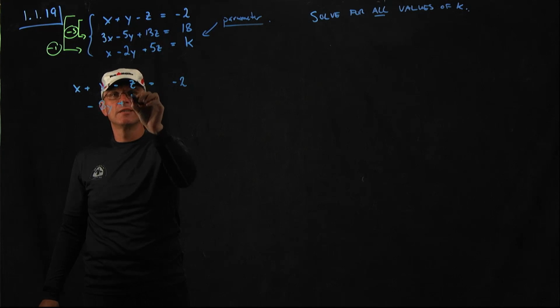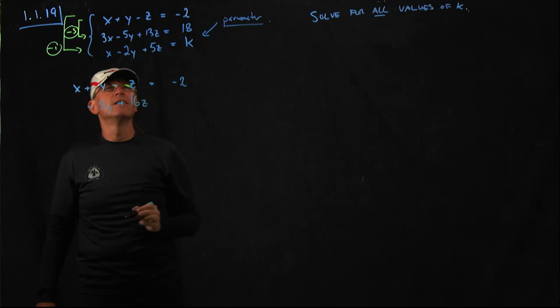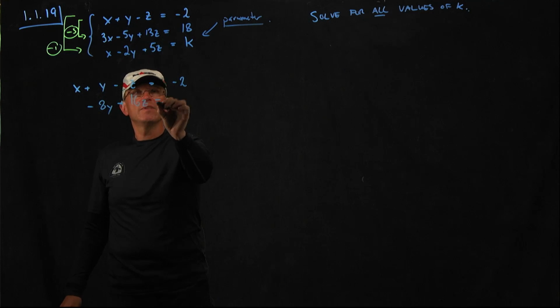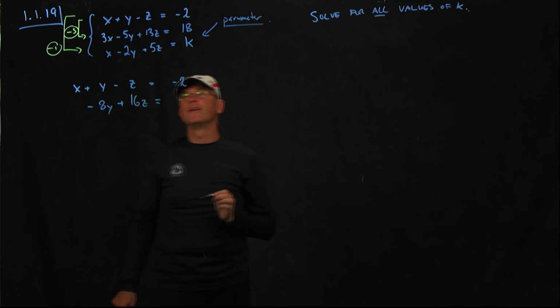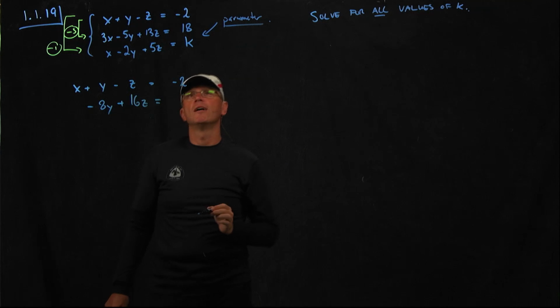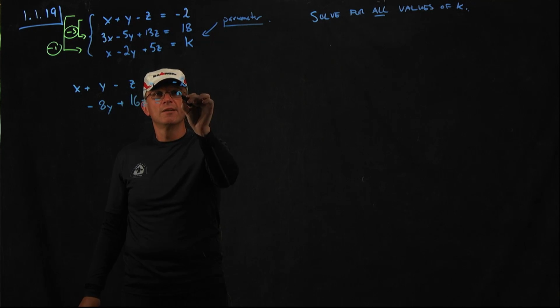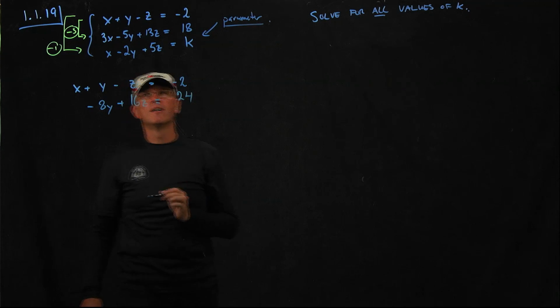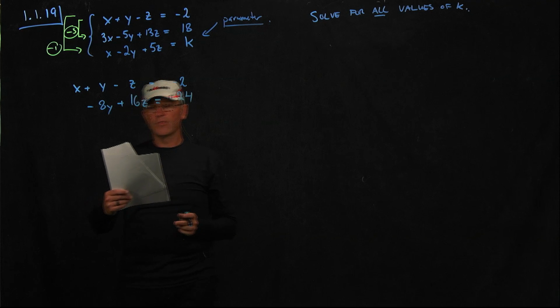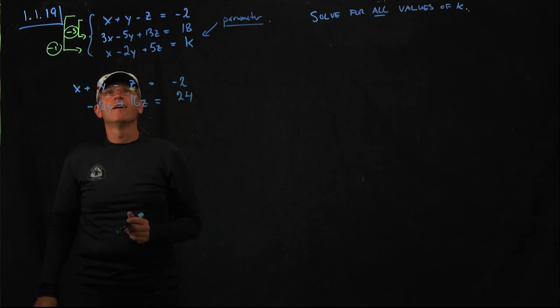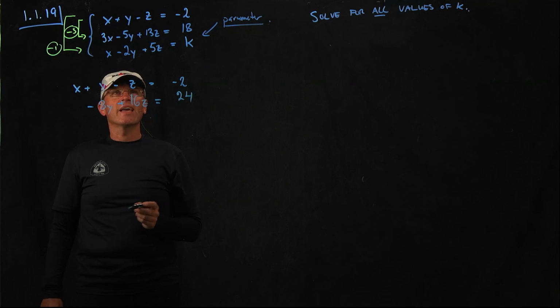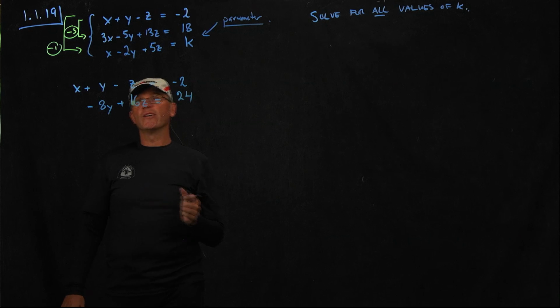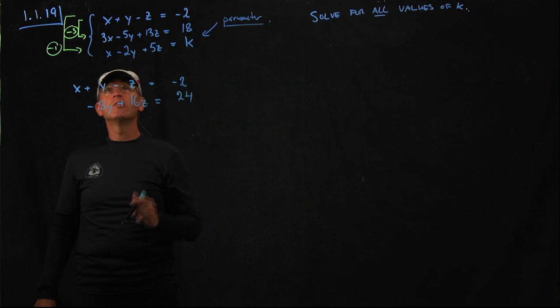So it's plus 16z equals 18 plus 6, 24. Hopefully my notes agree. That's good. Like adding integers when you're by yourself in a room is really hard sometimes.